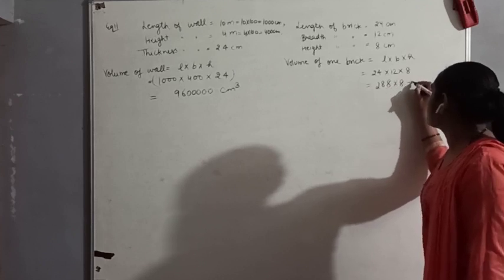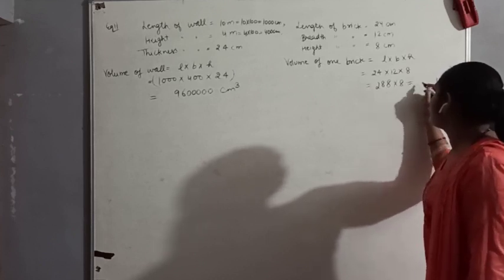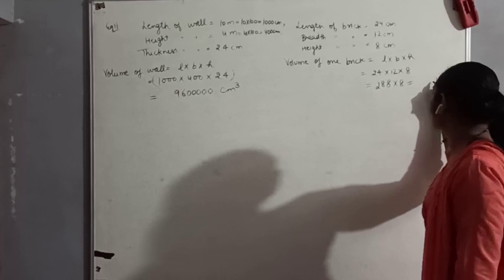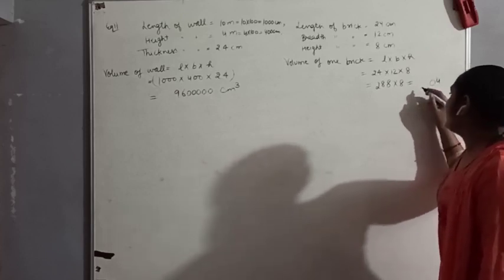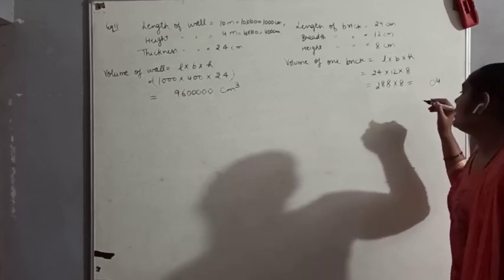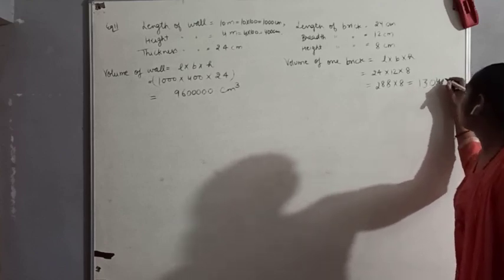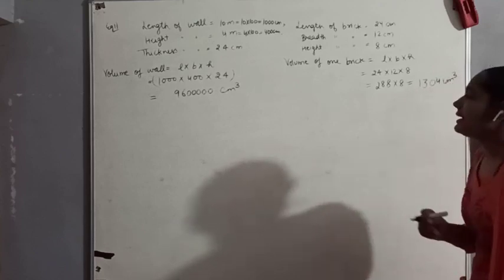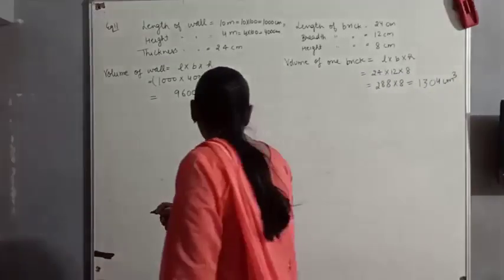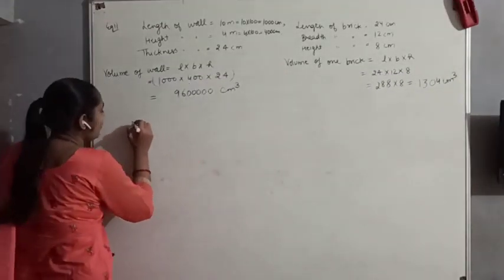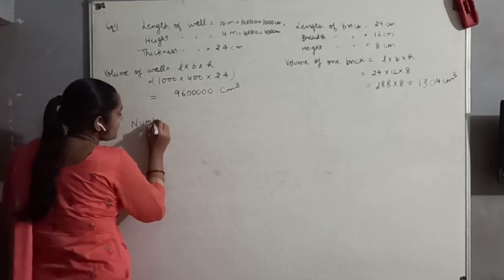Into 8, that is equal to 1304 cubic centimeter. That is the volume of one brick, and we have to find out the number of bricks.